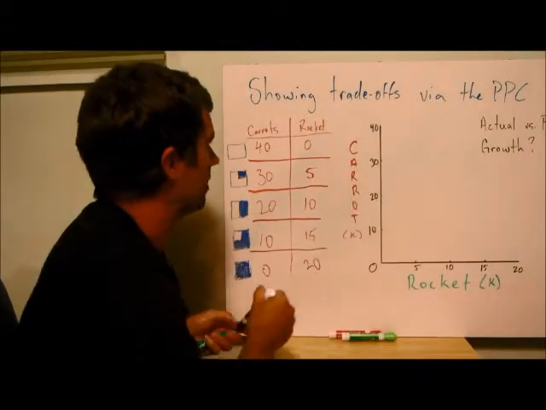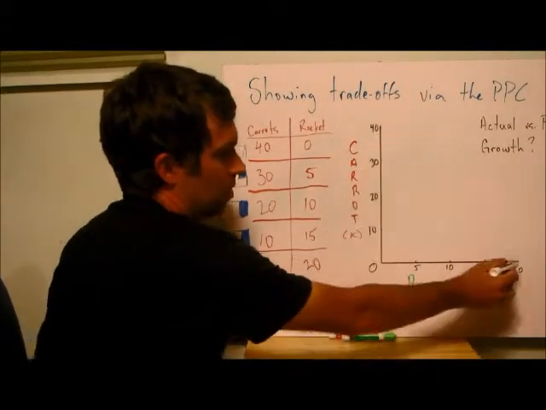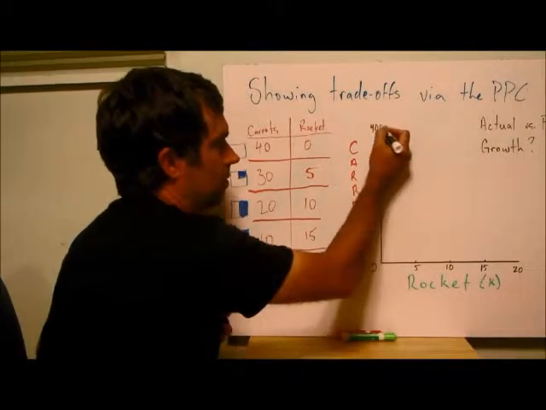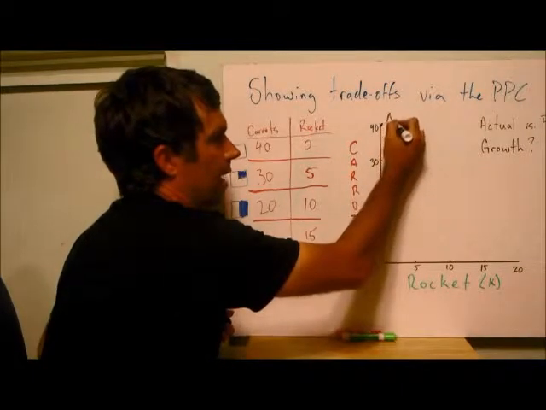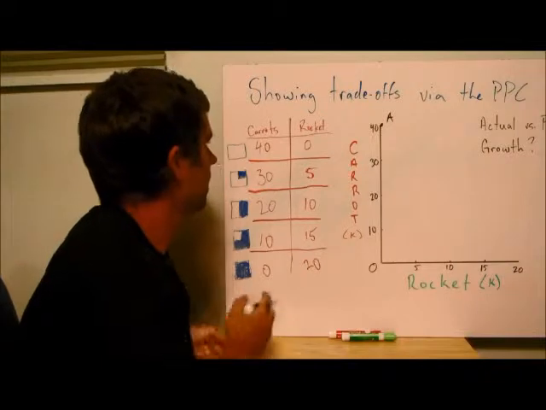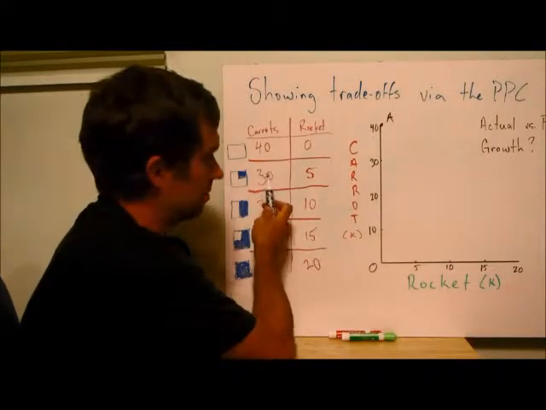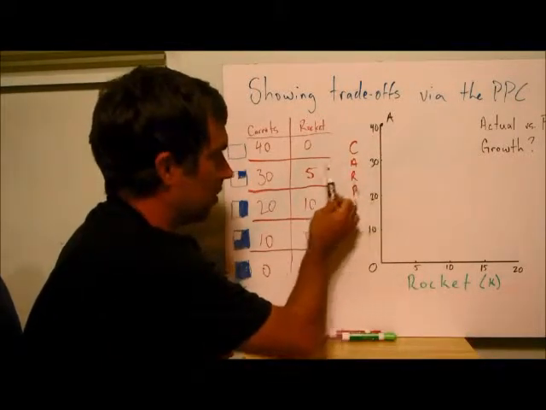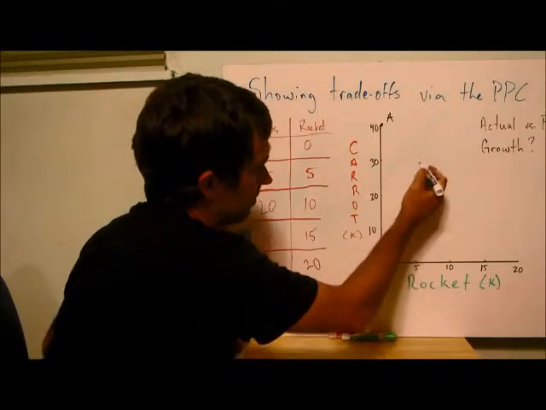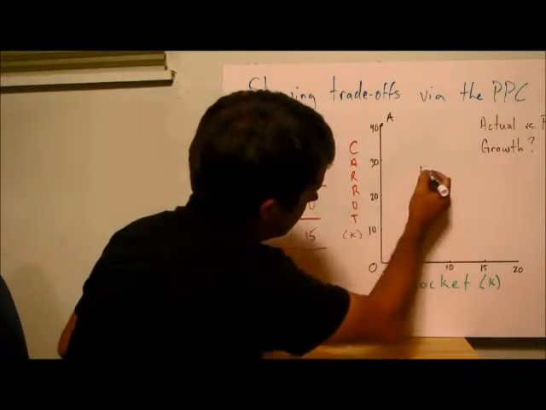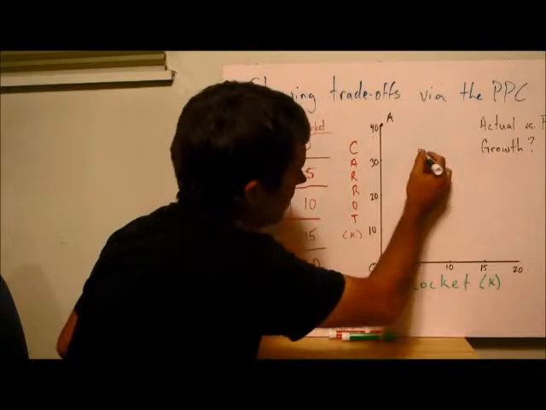If I grow 40 carrots, I can grow 0 rocket. We're going to call this point A. If I grow 30 carrots, now I can grow 5 rocket. So here. I am doing this from the side, so forgive me if I'm a little bit off.